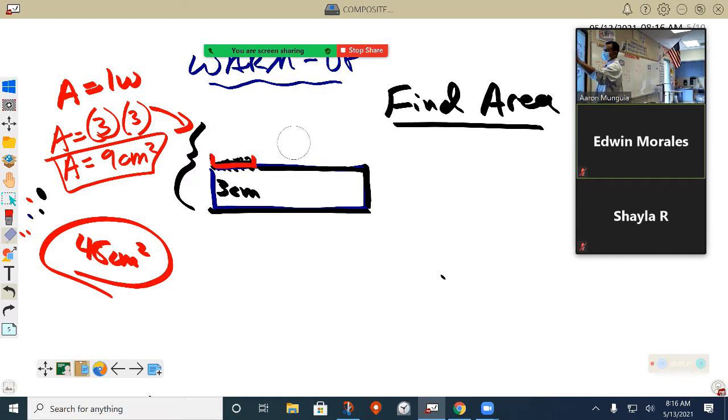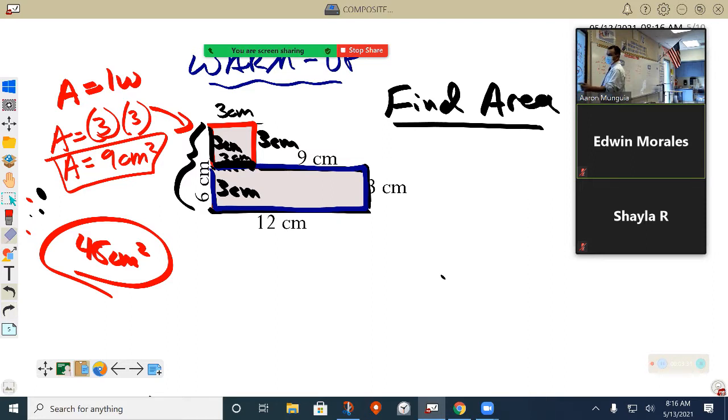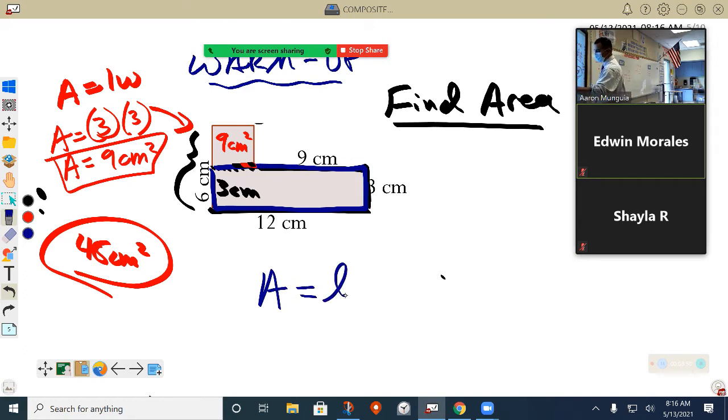Okay? So now we're going to find the area of the rectangle in blue. So this is 9 square centimeters. Let's do the blue now. Again, it's another rectangle. I made it easy for you guys. The area of a rectangle is length times width.